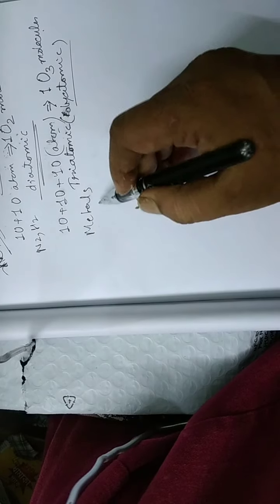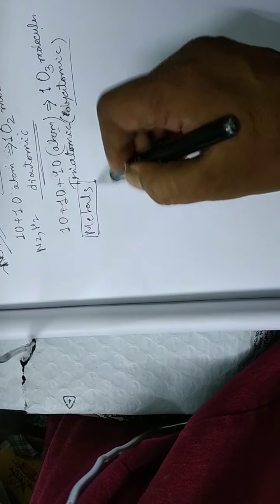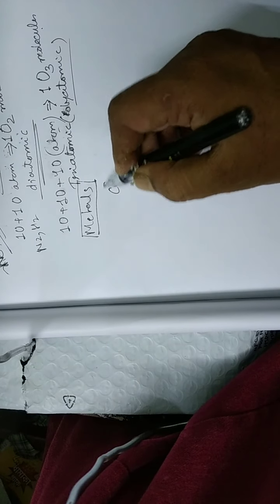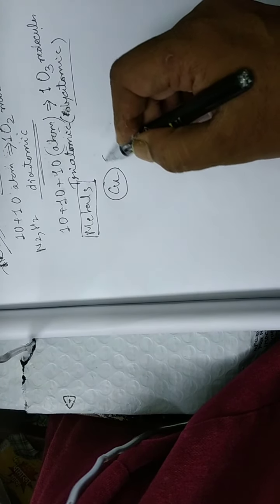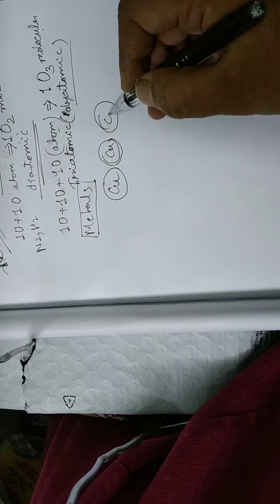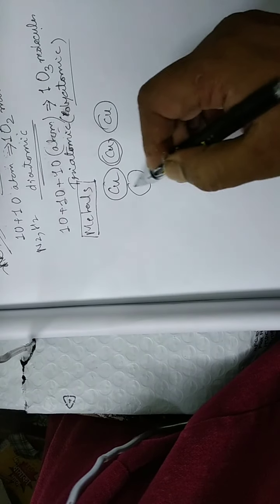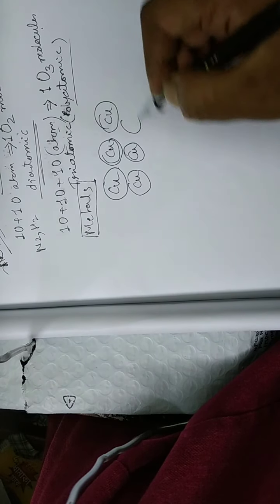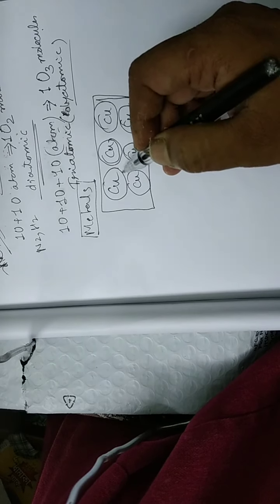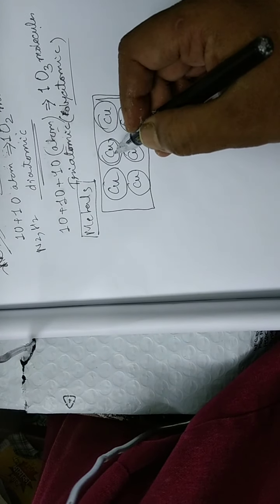Now, when the metals are concerned, suppose it is a copper metal, the copper atoms are connected in such a way that they form a lattice or crystal structure. This is a special type of bonding, and these copper atoms have some free electrons.